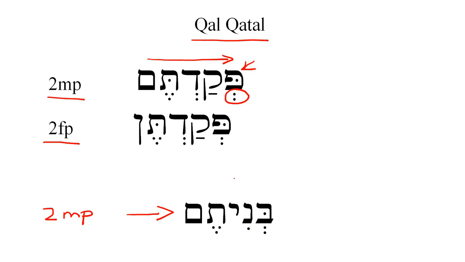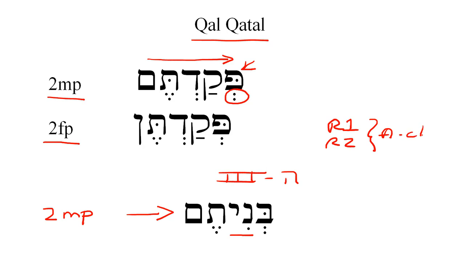But notice also, because it is a 3-hey verb, we also drop out the hey and we get this hirik yod in the middle. So both R1 and R2 lose that characteristic A-class vowel.